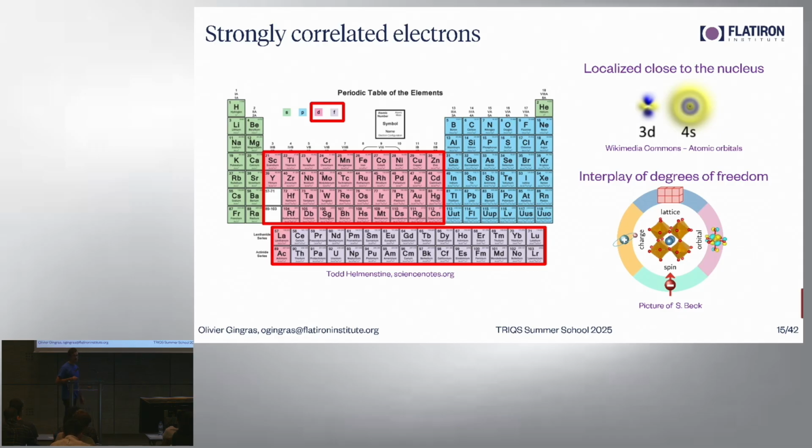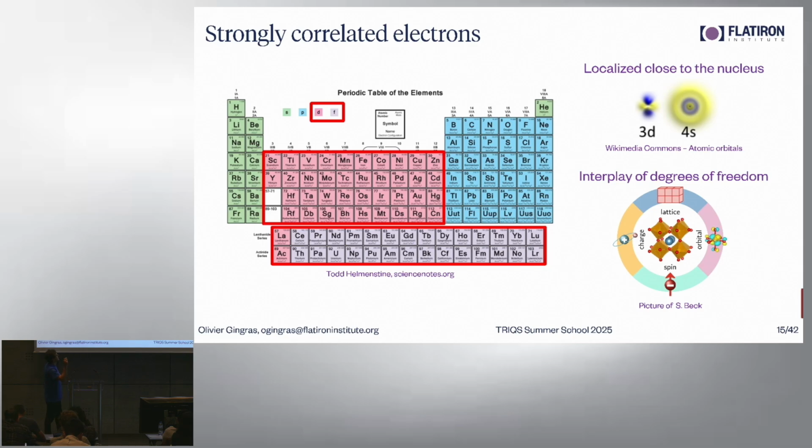strongly correlated electrons. So here's a slide to point out when we actually need to go beyond, for our purposes. It's typically when you have d and f shells that are partially filled. These atoms, when they're at the Fermi level, typically mean business. The reason is that these orbitals are intrinsically very localized.